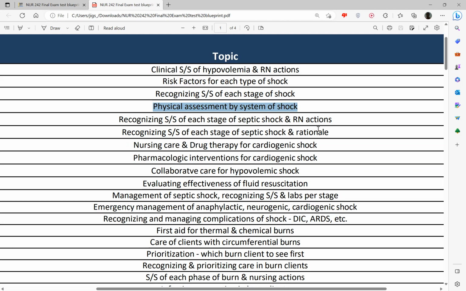Well, it depends on which type of shock, actually. So for cardiogenic, we will hear crackles, because this is heart failure, right? So MI always leads to heart failure. So that's for your pulmonary edema. And for all other types of shock, lung sounds would be clear.